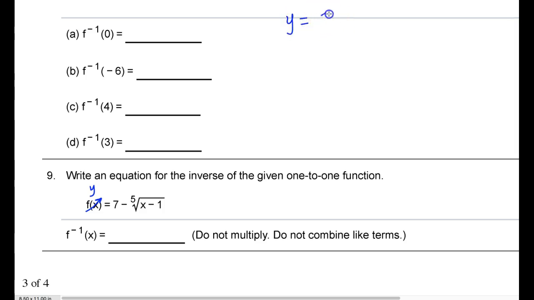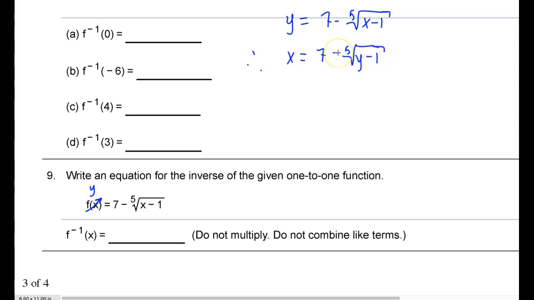So we have y equals 7 minus 5th root of x minus 1. And just like we talked about earlier, we said that in order for us to be able to find the inverse, the first thing that we need to do is interchange the position of the x and y variables. So here, everywhere where we see x, we put y and vice versa.